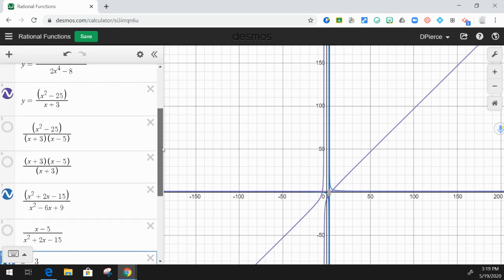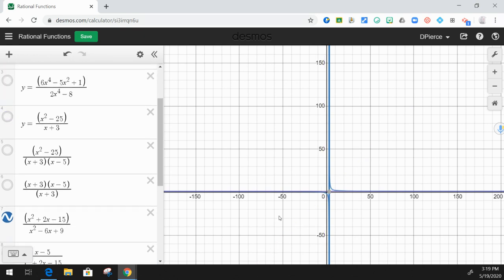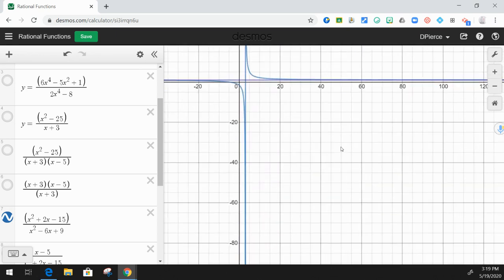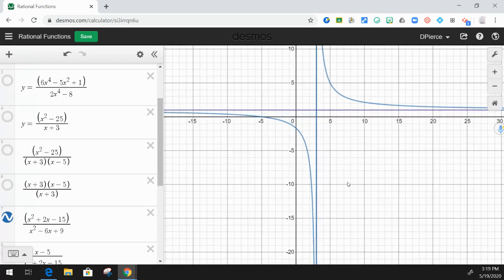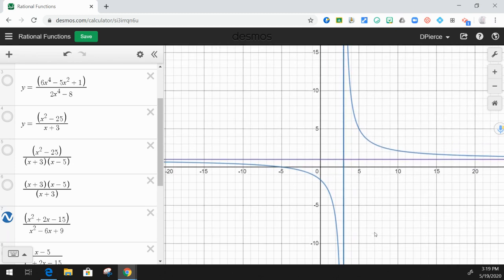So we need to turn off this one here, and we're going to zoom into this so we can see it a little bit closer. Okay, so as we expected, it's above the line y equals 1 here. It's getting closer to your x value of 3. As it goes up, it's getting closer to a y value of 1 as it's going to the right. Here, it's getting closer to your y value of 1 from below, and closer to an x value of 3 from the left.